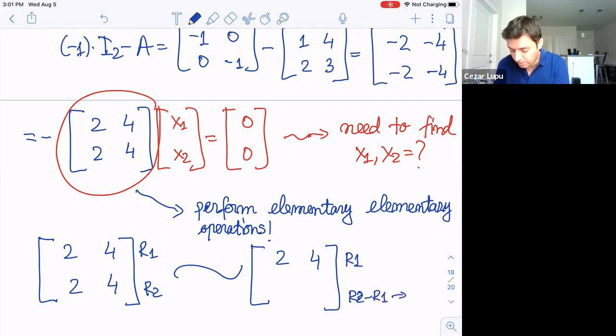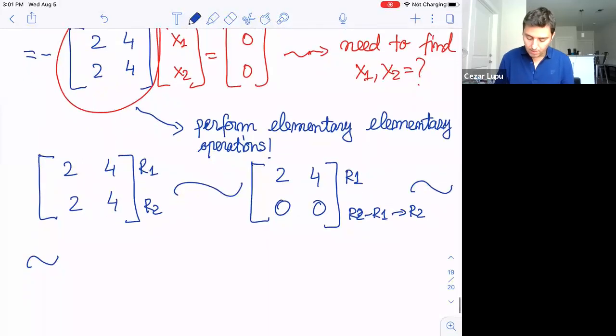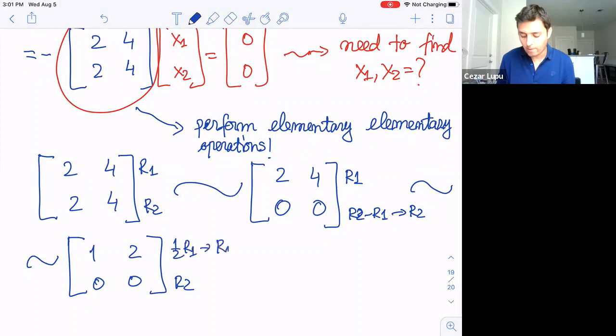So this will be 0, 0, right? And now clearly you can get rid of the 2 by multiplying by 1/2. So this will be 1, 2, 0, 0, and this is R2, and my new R1 is 1/2 R1. Okay. And now it's in row echelon form.